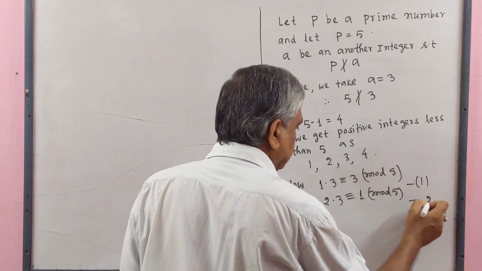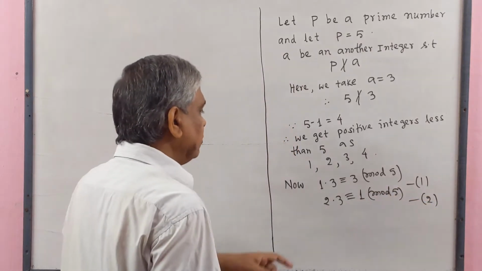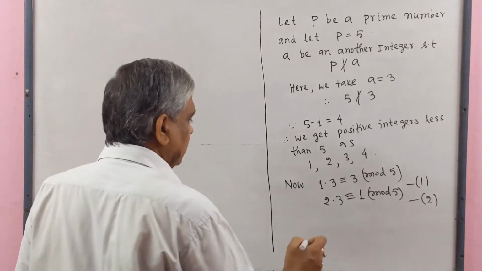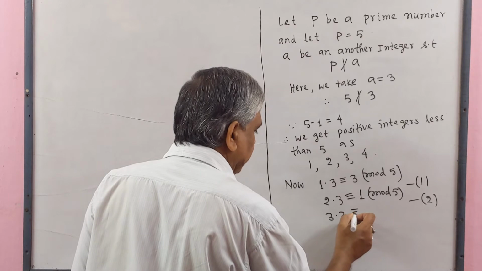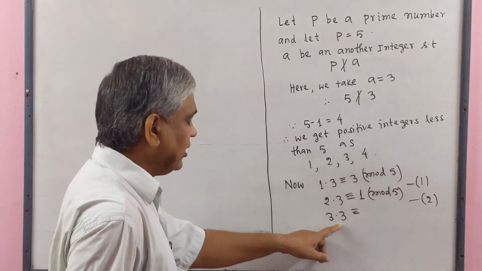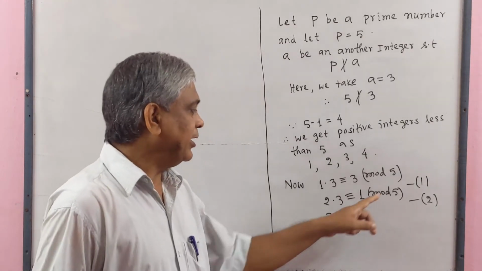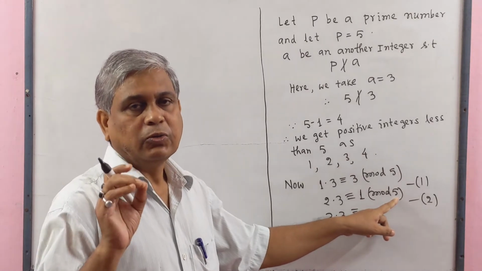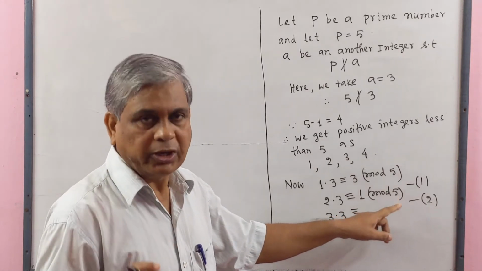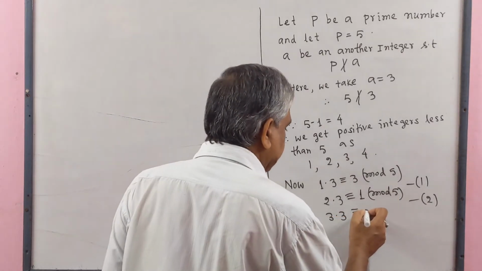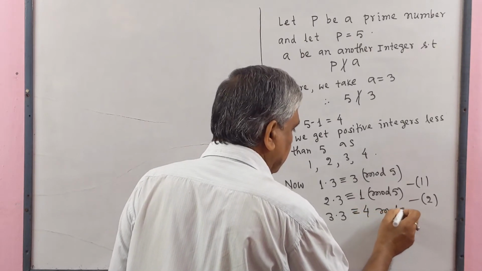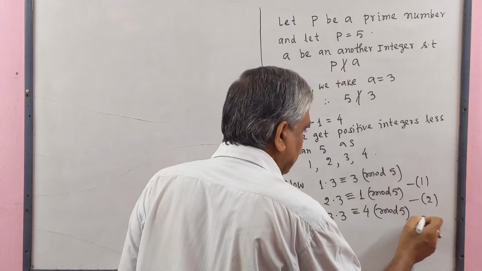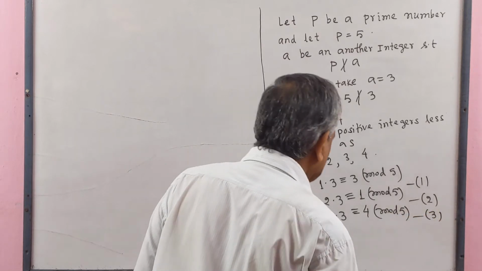This is number 2. Now we take 3. 3 multiplied by 3 equal to 9. If we divide 9 by 5, we get remainder 4. So here we write 4 modulo 5. Let this is number 3.